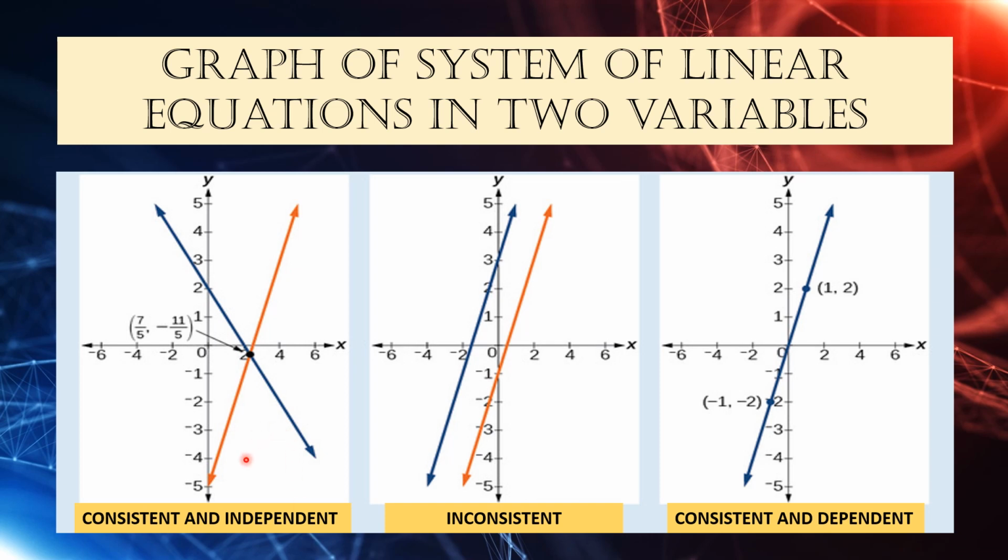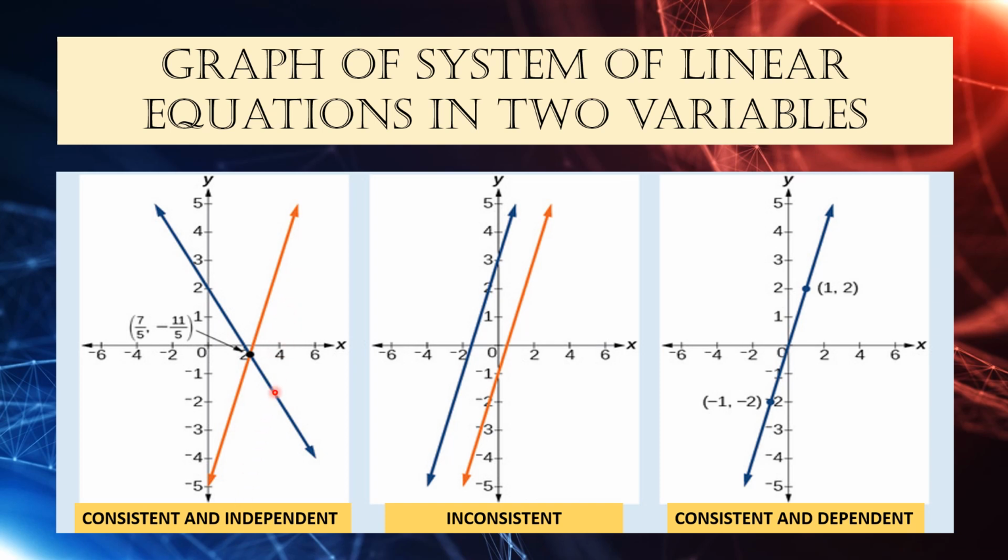As you can see, the two graphs or two lines intersect with each other, and this is the intersection point. There's only one intersection point. That is why consistent and independent equations has only one unique solution.